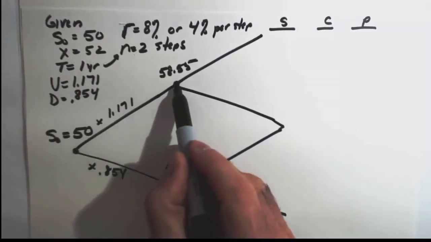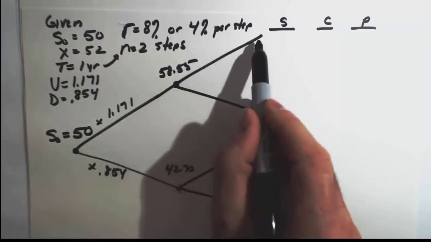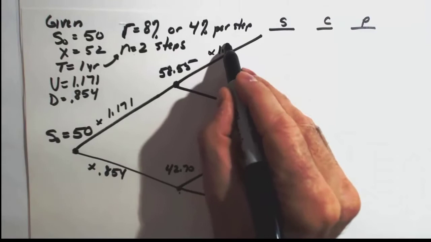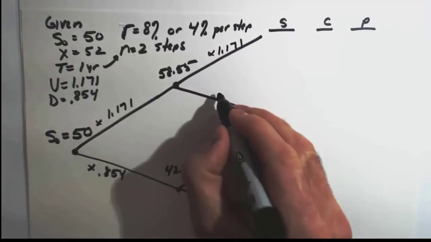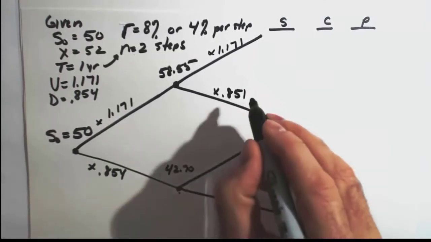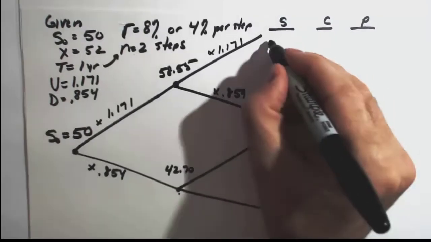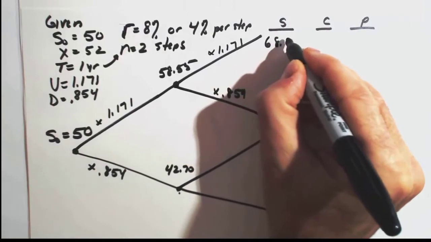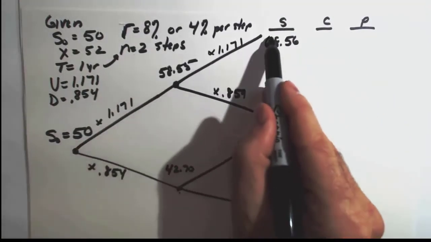So you go up the first step, and then at this step, the stock can go up another 1.171, another 17%, or it can go down, around a 15% drop is basically what's happening here. So the stock can go up to 68.56 at expiration if it goes up and then up again.